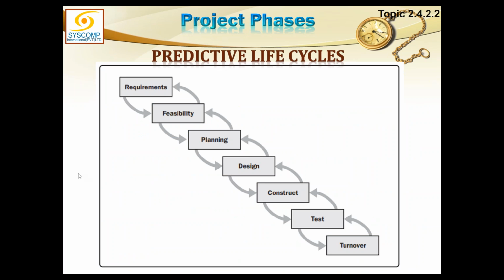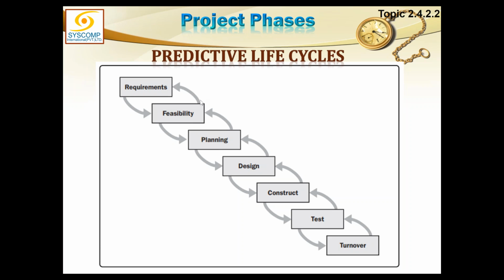This is how a predictive life cycle looks. You keep doing one job after the other and you keep moving forward. This is normally called a waterfall model in IT. IT people remember this as a waterfall model in which you first collect requirements, then create feasibilities, then do planning, then you do designing, and so on and so forth.